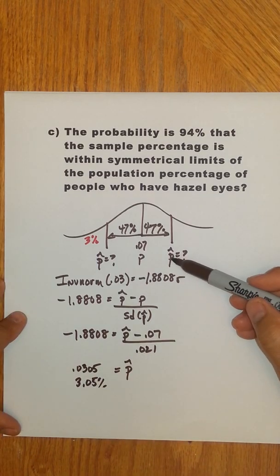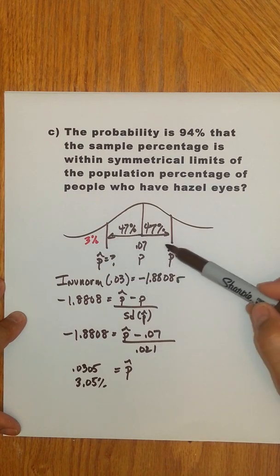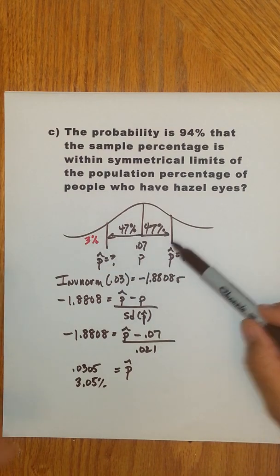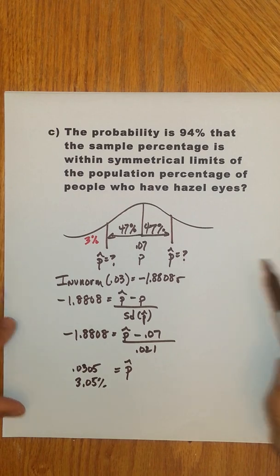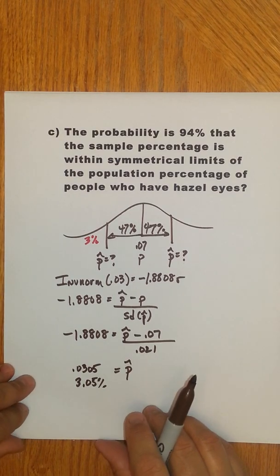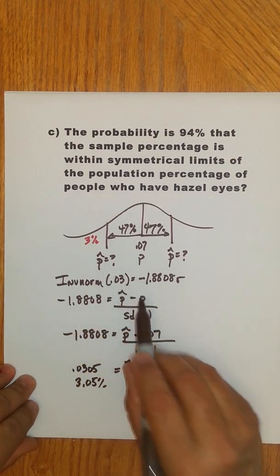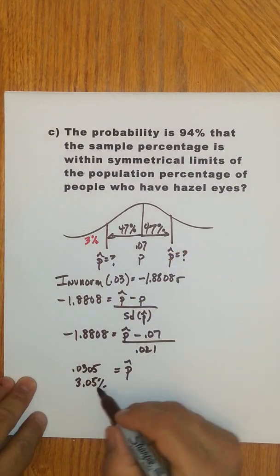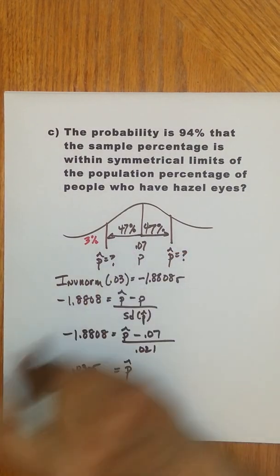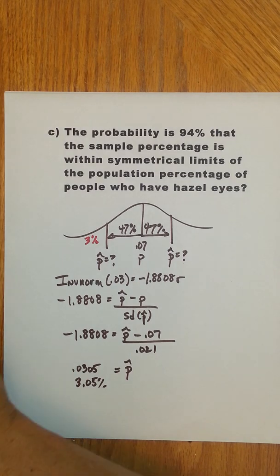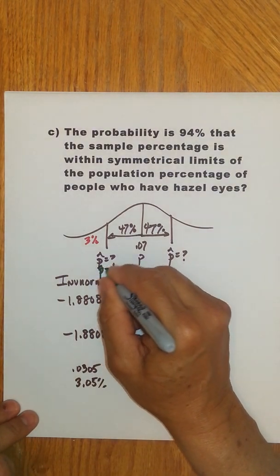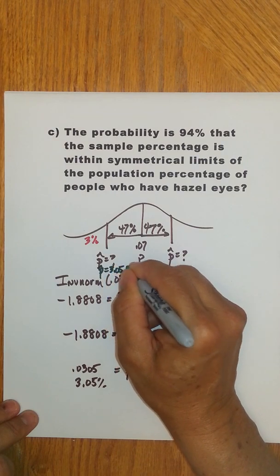Now, instead of doing this whole thing again and adding the percentages and basically saying Invnorm of 97% or 0.97, you could say, well, gee, this is symmetric, right? So let me use a different color here. We got that p hat is 3.05%.